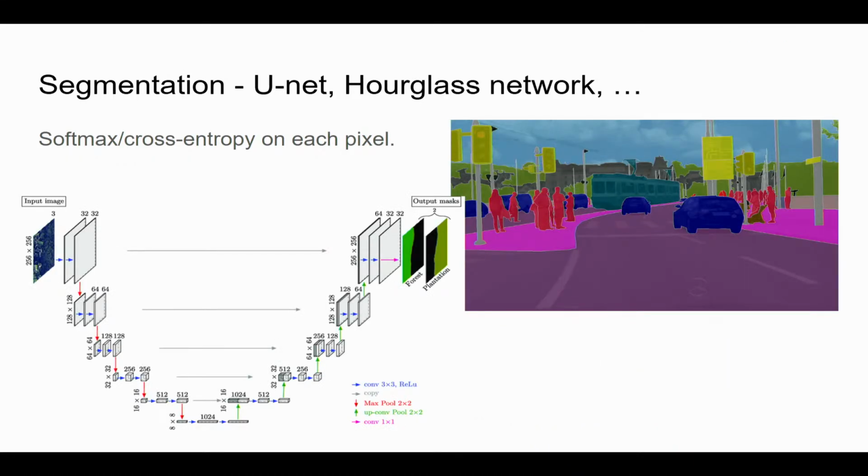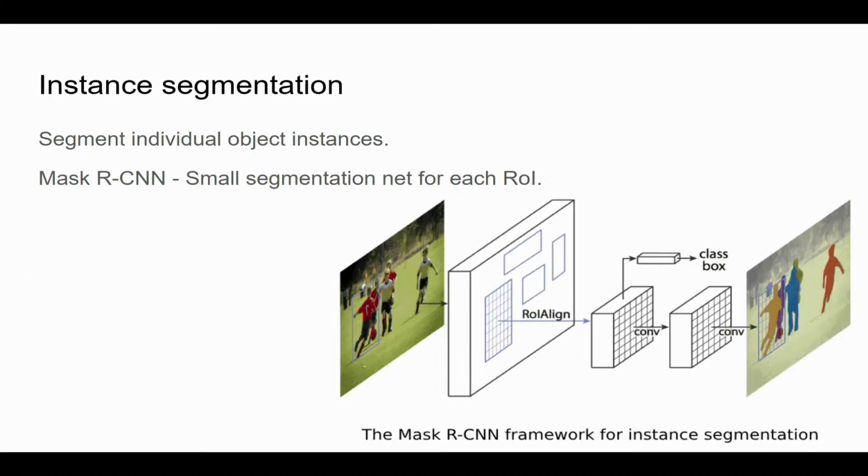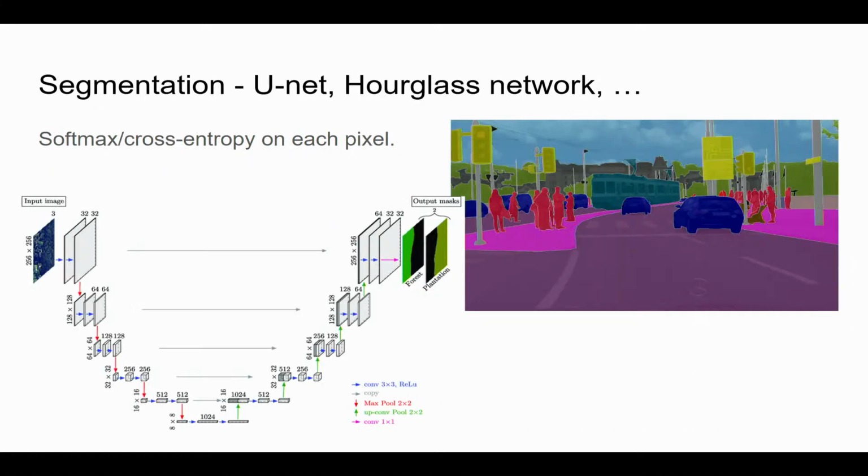So a few more things. Segmentation, we've already looked at it. In semantic segmentation, the task is to predict the class of pixels.